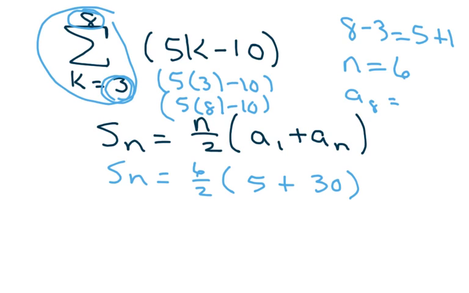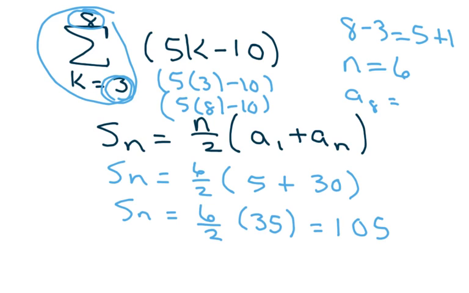And then you multiply all this out. So S of n equals 6 over 2 times 35, which gives you 105. I believe it gives you 105. All right. Okay, and you can check the calculator on that.